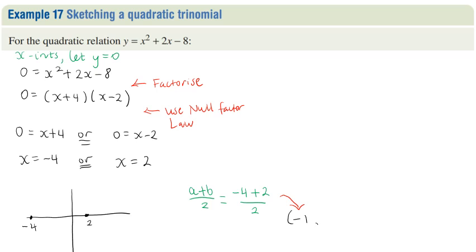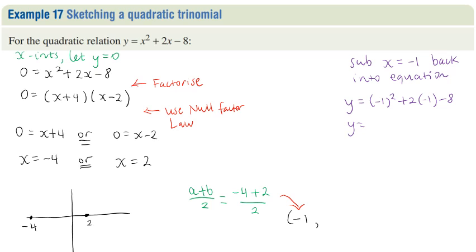Then to find the y-coordinate, I need to sub that value, so sub x equals negative 1 back into the equation. So I'll have y equals negative 1 squared plus 2 times negative 1 minus 8.